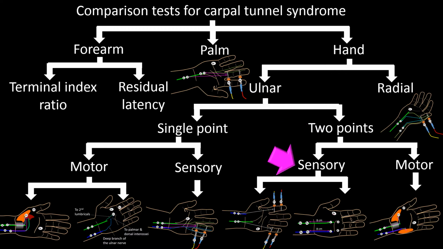For sensory conduction determination, as you can see pointed by the arrow, we can use from wrist to two palm sites, from wrist to two different fingers, and we can also make comparison using a single point recording. This is achieved by stimulating the wrist and recording from the ring finger.